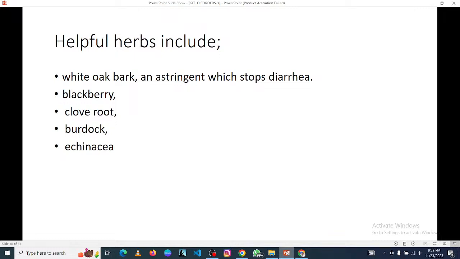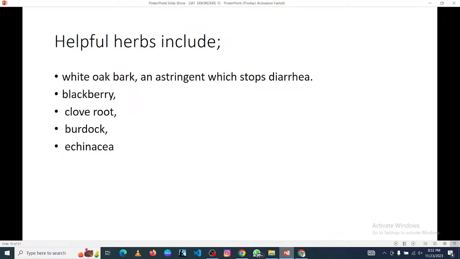So for this case, you can take 2 tablespoons of one or two of these particular herbs and steep them in 1 liter of very hot water. Close the pot with a lid, wait for it to become warm. Once it's warm, you can drink that 1 liter 2 times in a day.